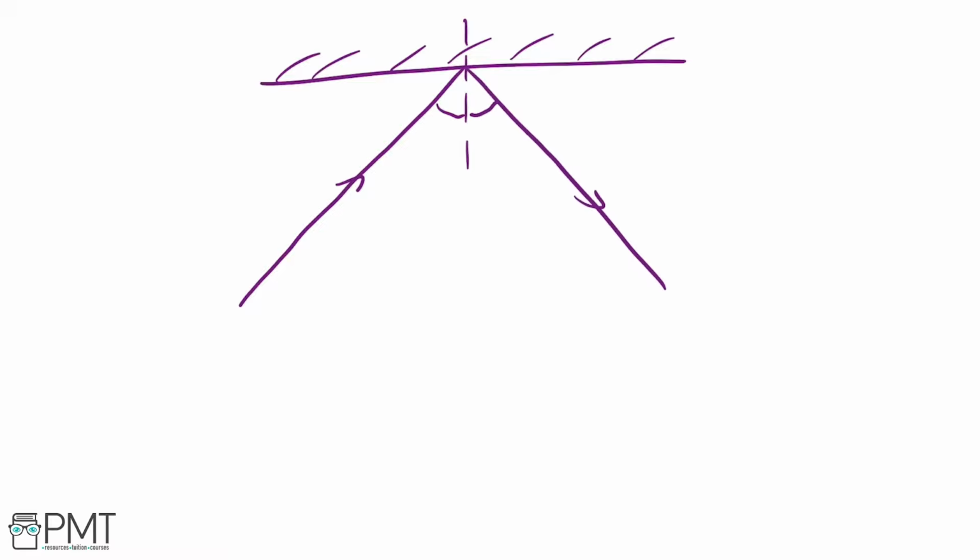As long as you have a plane mirror, which means it's smooth and straight, then the angle of incidence will equal the angle of reflection. So angle of incidence equals angle of reflection. You may remember doing that experiment.